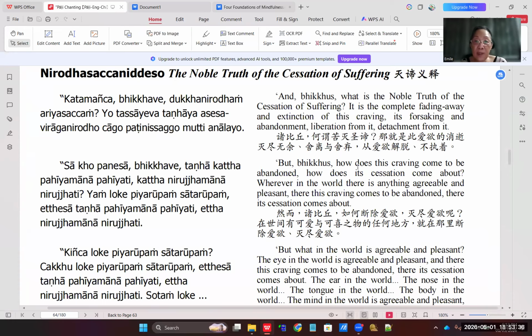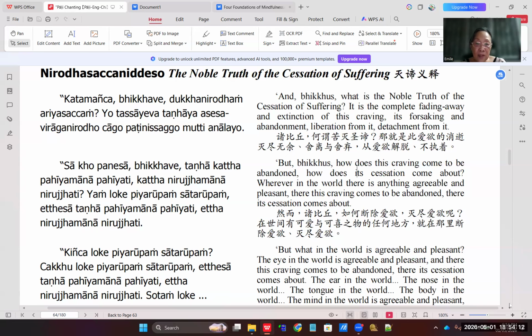And bhikkhus, what is the noble truth of the cessation of suffering? It is the complete fading away and extinction of this craving, its forsaking and abandonment, liberation from it, detachment from it. But bhikkhus, how does this craving come to be abandoned? How does its cessation come about? Wherever in the world there is anything agreeable and pleasant, there this craving comes to be abandoned, there its cessation comes about.